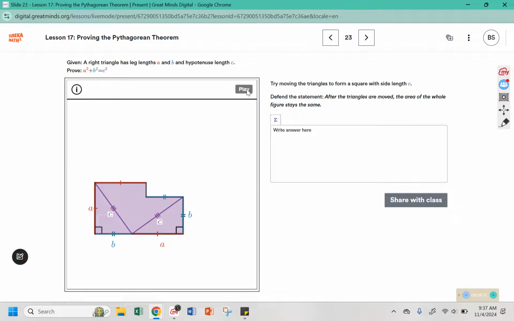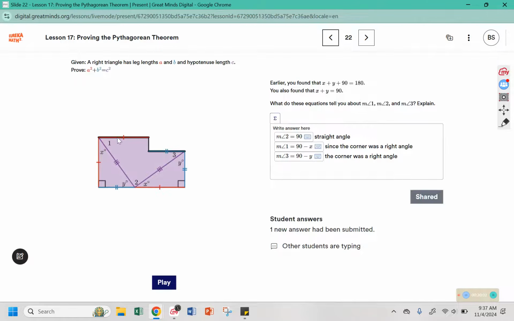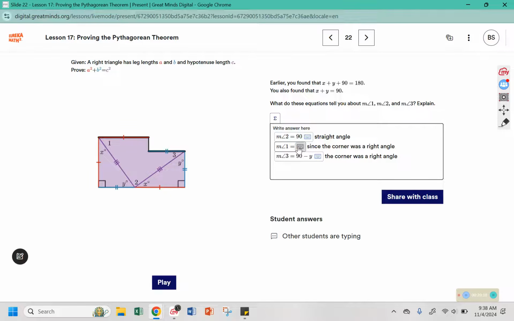Oh, wait, we can get even more specific. We know that x plus y was 90. So the measure of angle 1 is y, based on that equation. And over here, x plus y was 90, so the measure of angle 3 has to be x.